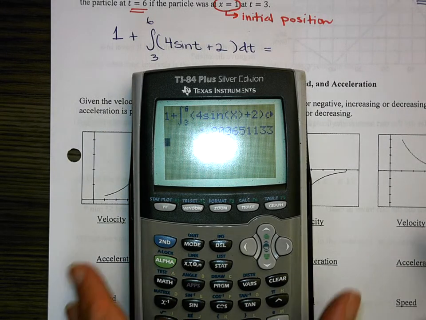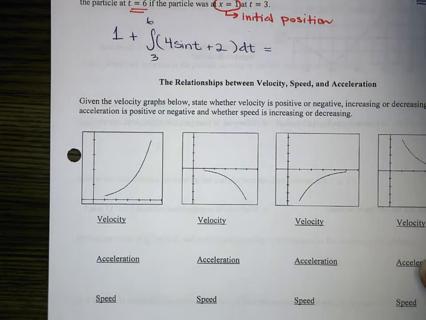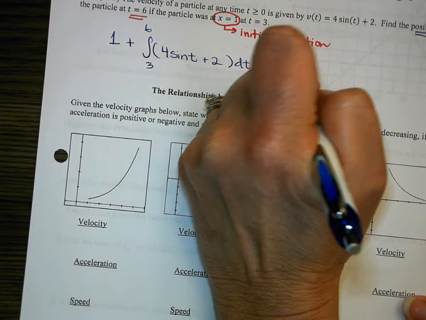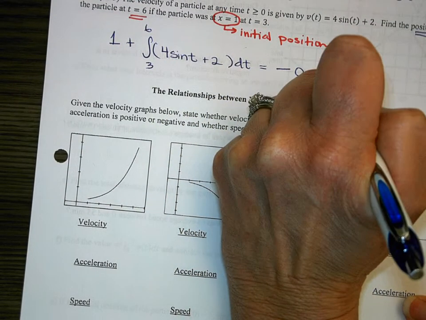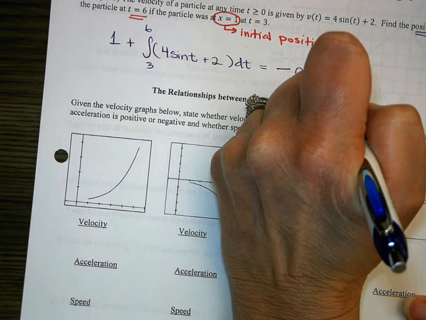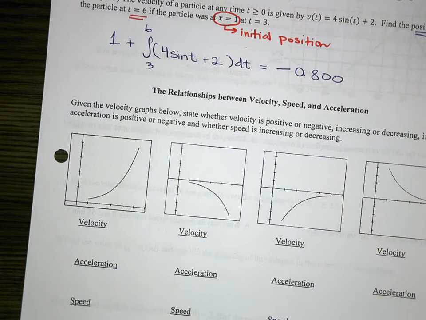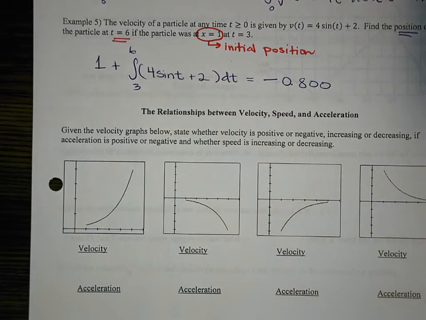So that would be my new position, at negative 0.8006, or 0.01 if you round or truncate. So that means I would be to the left of where I started this time, okay?